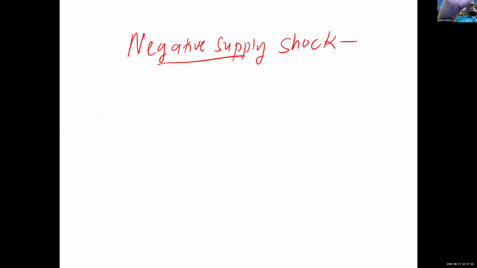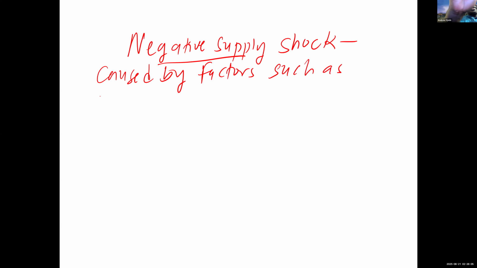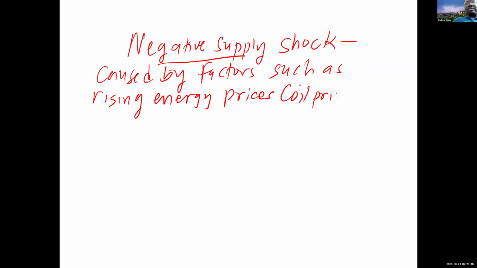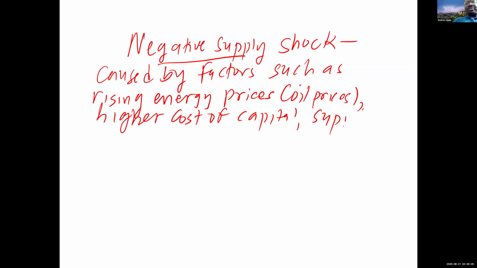Okay, a negative supply shock is caused by factors such as what? Rising energy prices, like oil prices, a higher cost of capital, and supply chain issues, like we saw during COVID.